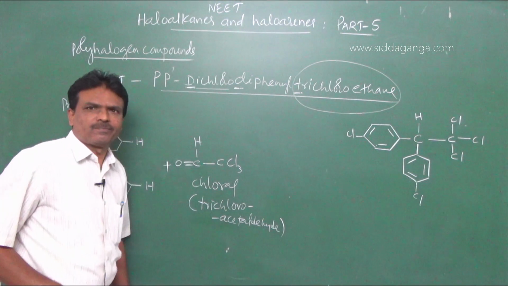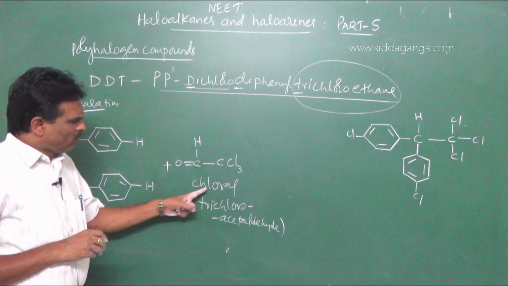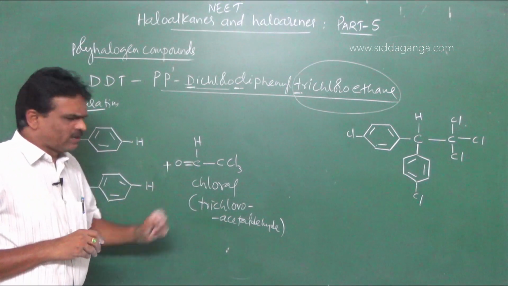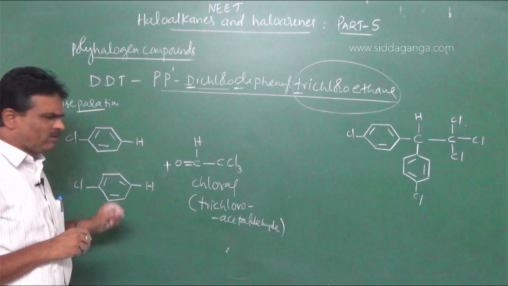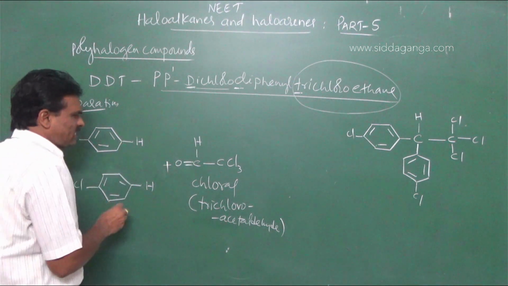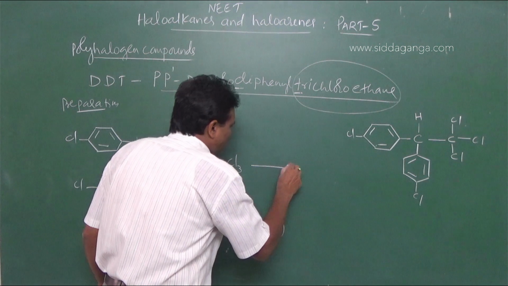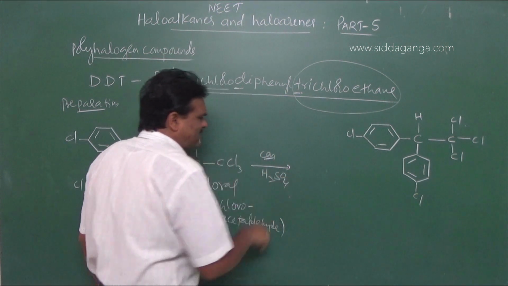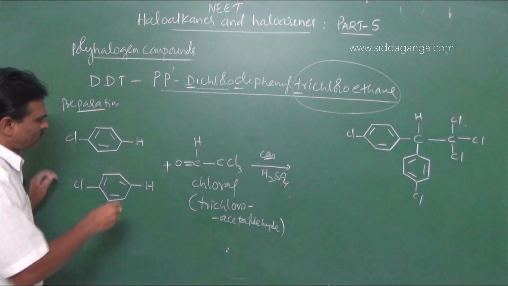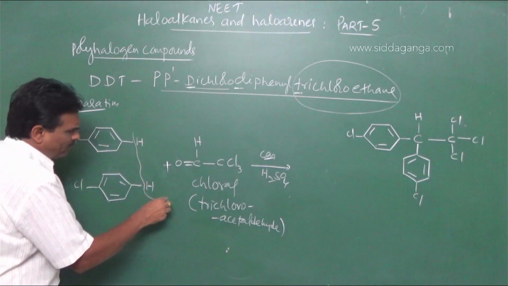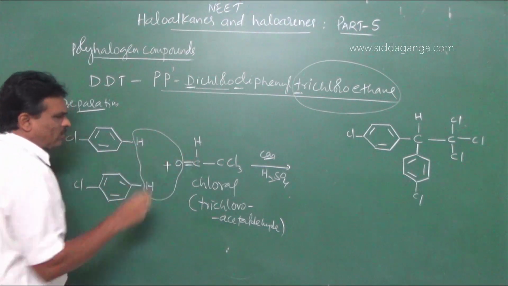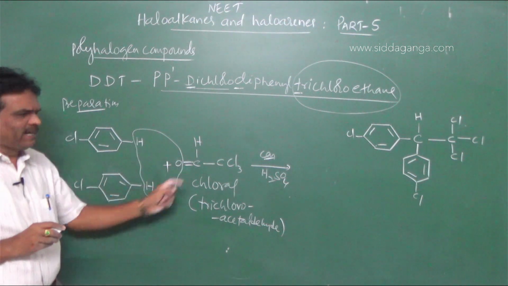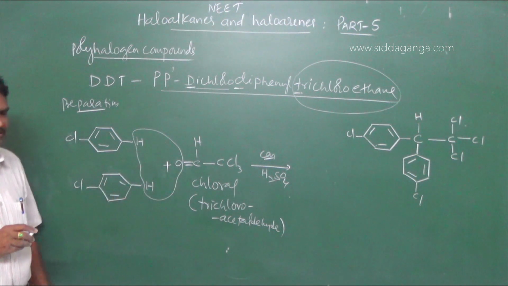When chloral or trichloroacetaldehyde is heated with chlorobenzene in the presence of concentrated sulfuric acid, it acts as a dehydrating agent. These 2 chlorine and 1 oxygen atom from chloral are eliminated as water.